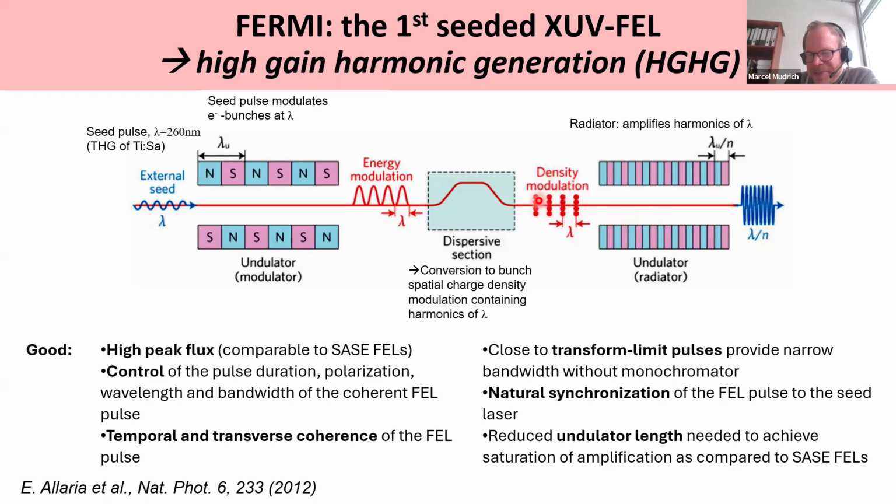But since the microbunches are preformed as they enter the undulator, the FEL activity, so the amplification, starts right from the beginning. So the amplification is more efficient, and we are actually fine with even a shorter undulator to reach full saturation and get the full amplification of the pulses.